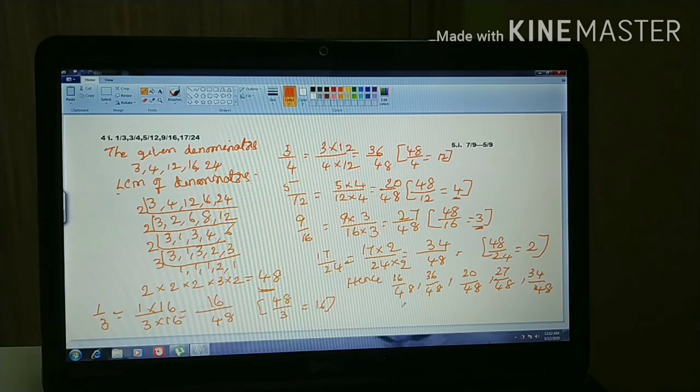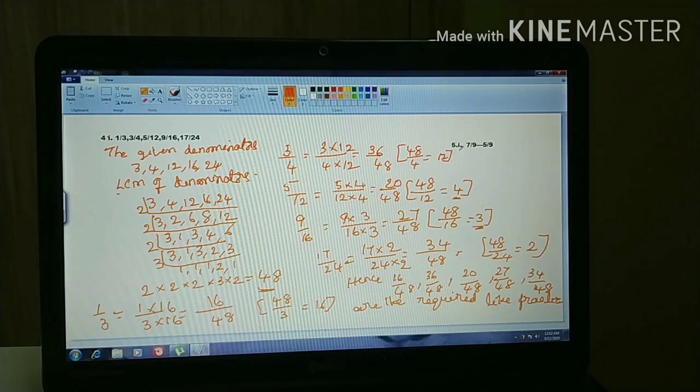These are the required like fractions. Okay, now like that you have to do the remaining problems.